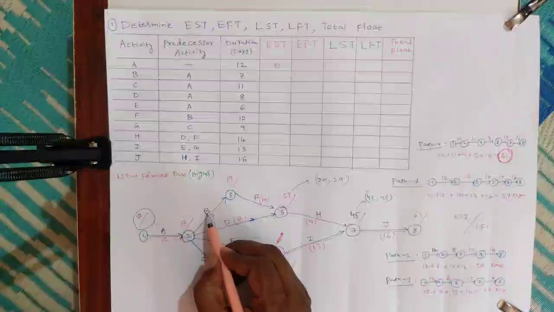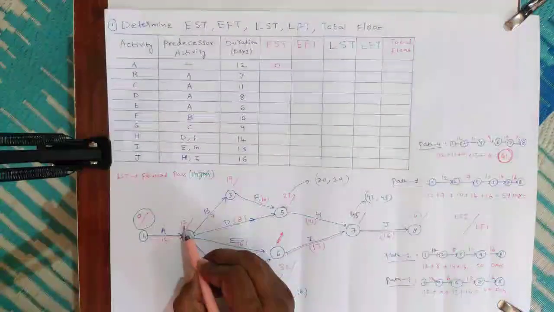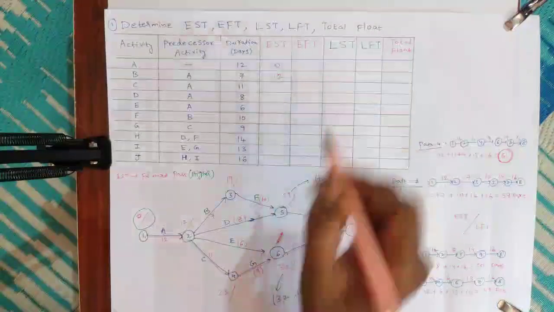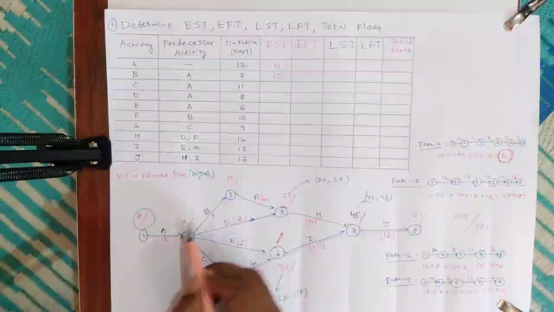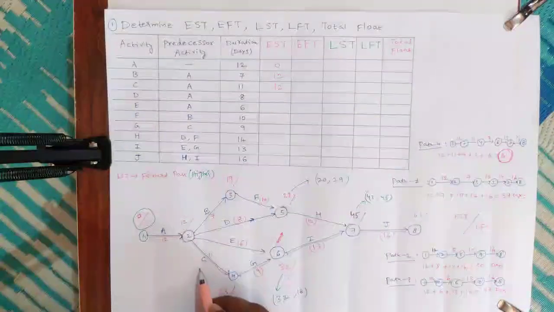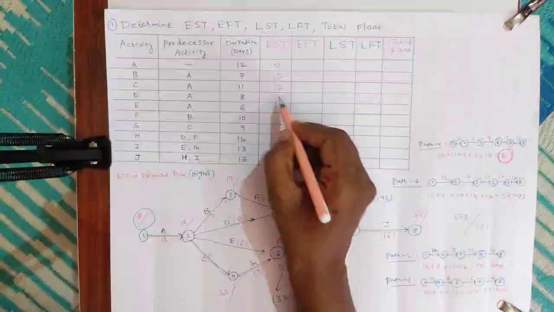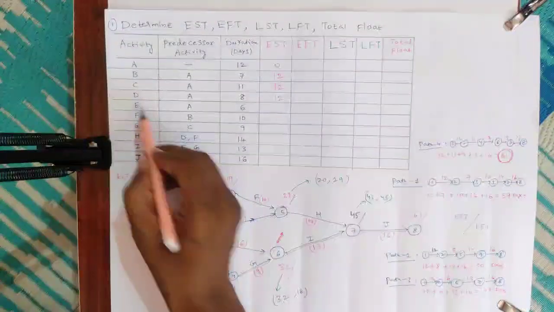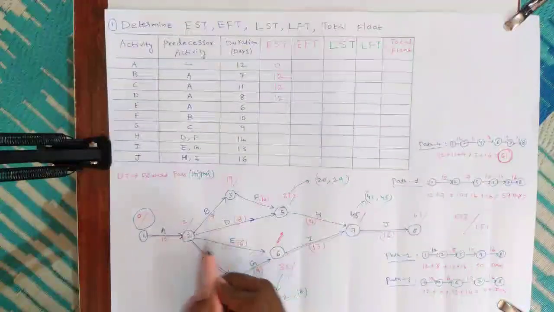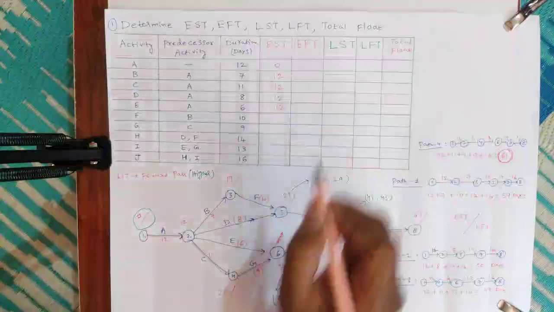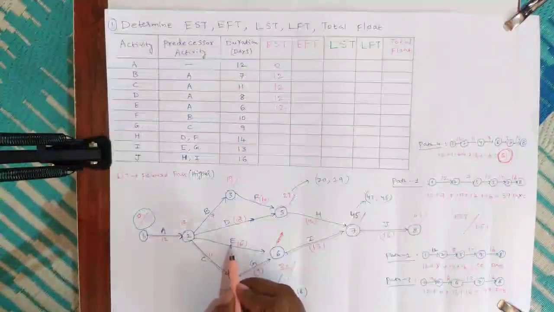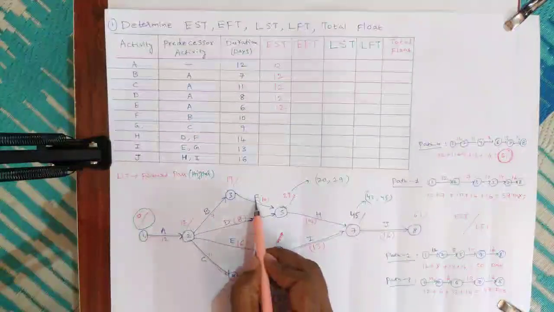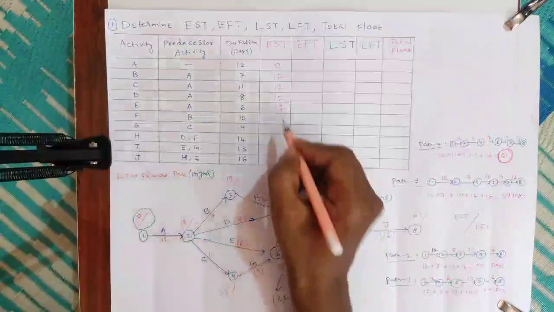Similarly, for activity B, earliest start time is 12. For activity C, earliest start time is 12. For activity D, earliest start time is 12. For activity E, earliest start time is 12. For activity F, it is 19.